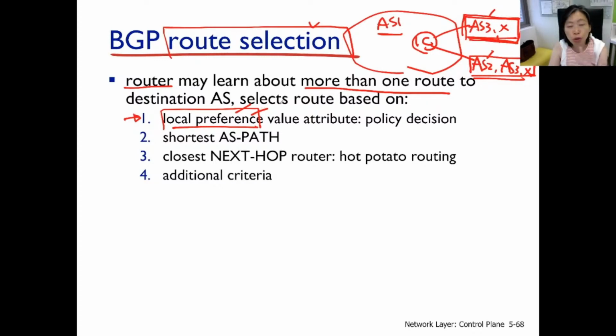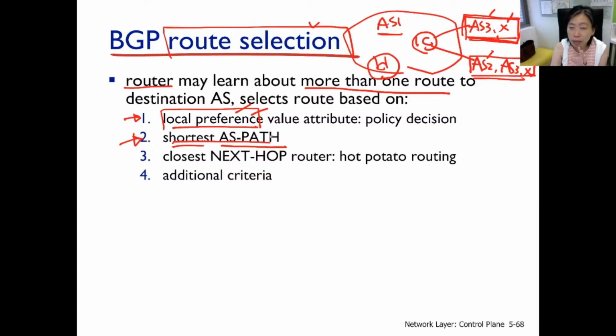Now, if there's no local preference specified, then we go to step 2. So the internal router, let's say 1D here, will then check which of these multiple paths to destination X gives us the shortest AS path. So in the scenario, 1D is going to pick this one.